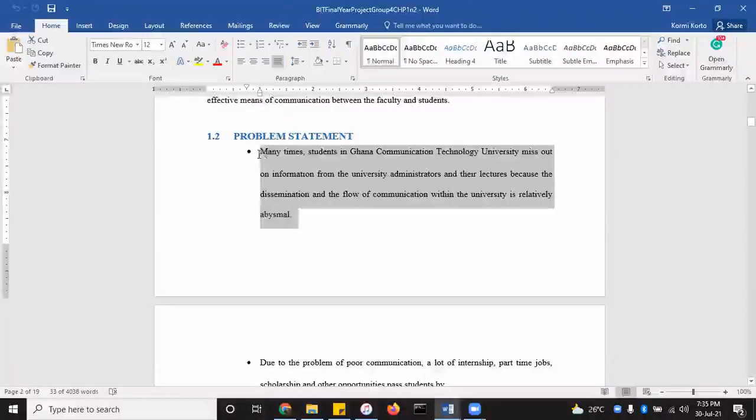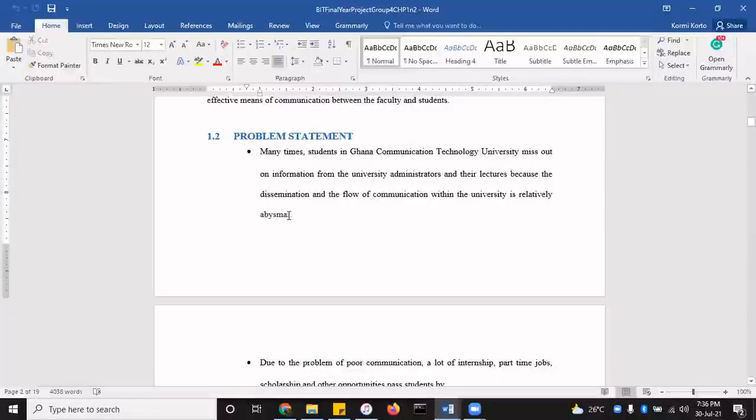So the first thing he said was that many times students in GCTU miss out on information from the university administrators and their lecturers because the dissemination and flow of communication within the university is relatively very poor, basically abysmal.